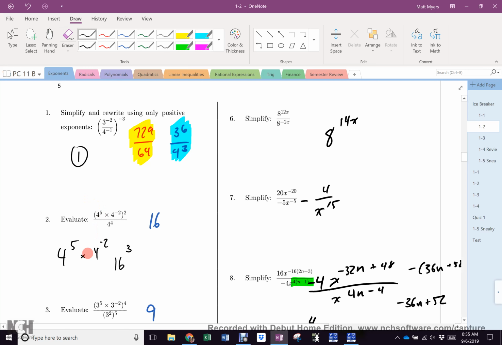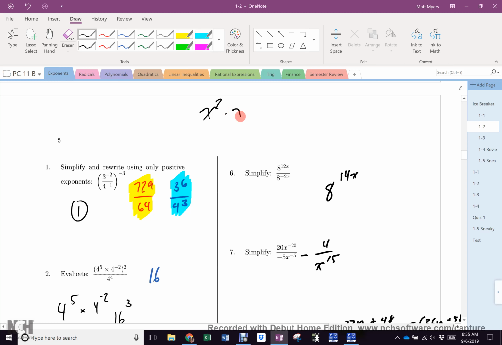But numbers are no different than letters, because what does a letter represent in math? Some number, right? So if I gave you x squared times x cubed, you know that's xx and then xxx, which is x to the 5th, right? So this is the same thing. 4 to the 5th is just 4, 4, 4, 4, 4, right? And then 4 to the negative 2 is 4, 4, right? And then they cancel, and you're left with 4, 4, 4, 4 to the 3rd, not 16.